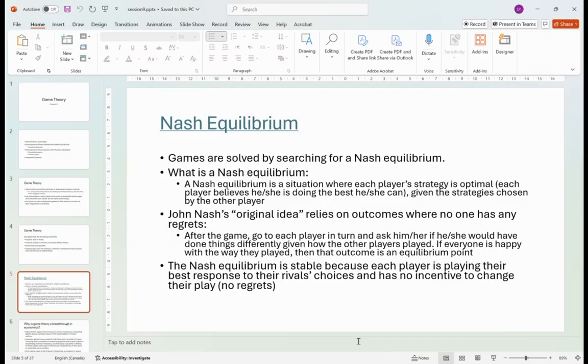You probably have watched A Beautiful Mind, which was a movie on John Nash, kind of a screenshot of part of his life and how he came to the Nash equilibrium.